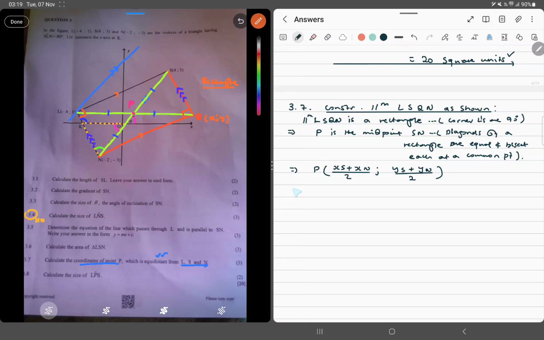Okay, great. So which also implies that our point P now is going to be 4 minus 2 over 2 is to 5 minus 3 over 2. Okay, therefore point P is 1 is to 1.